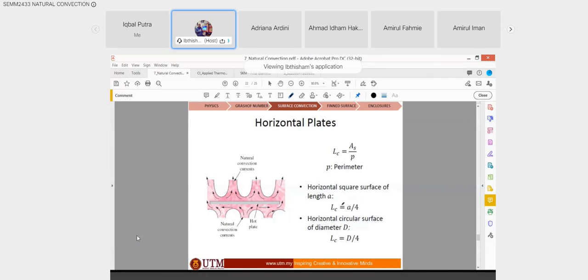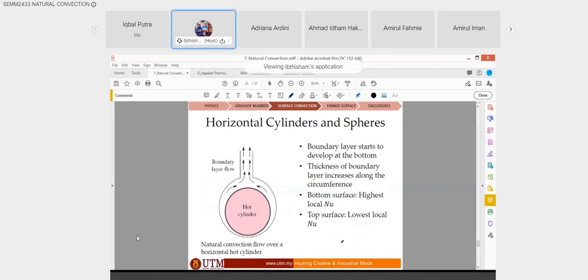So the parameter, okay, this one, the table, sama juga dengan hot cylinder. Okay, we have variation because of the boundary layer start from bottom. So the thickness dekat sini, thickness of boundary layer ni different from bottom to top. Okay, top ni lebih besar daripada yang bawah. And we have a highest local Nusselt number dekat bawah, and then kat atas ni Nusselt number kita rendah.